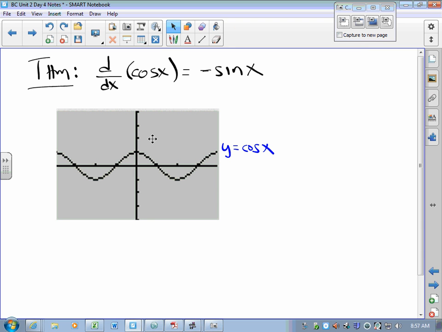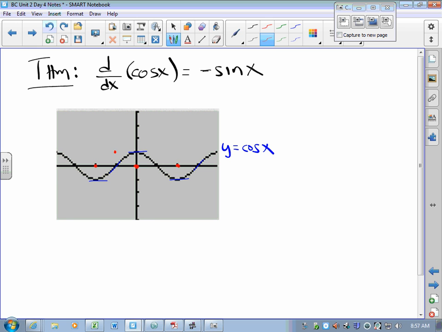So I look at the slopes of the tangent lines at a whole bunch of places. The slopes of the tangent lines here, here, here, they're all 0. So the derivatives here, here, here, they're all 0. It can be shown without too much trouble that the derivatives here and here are 1.